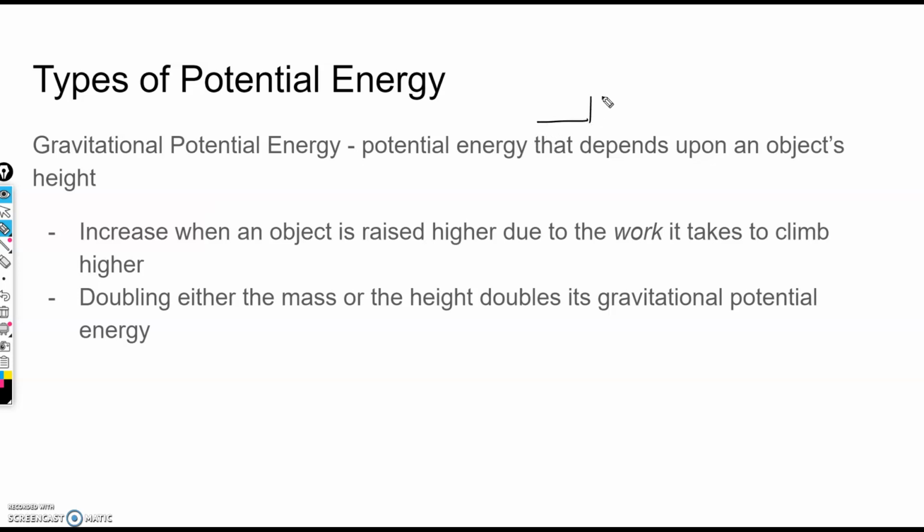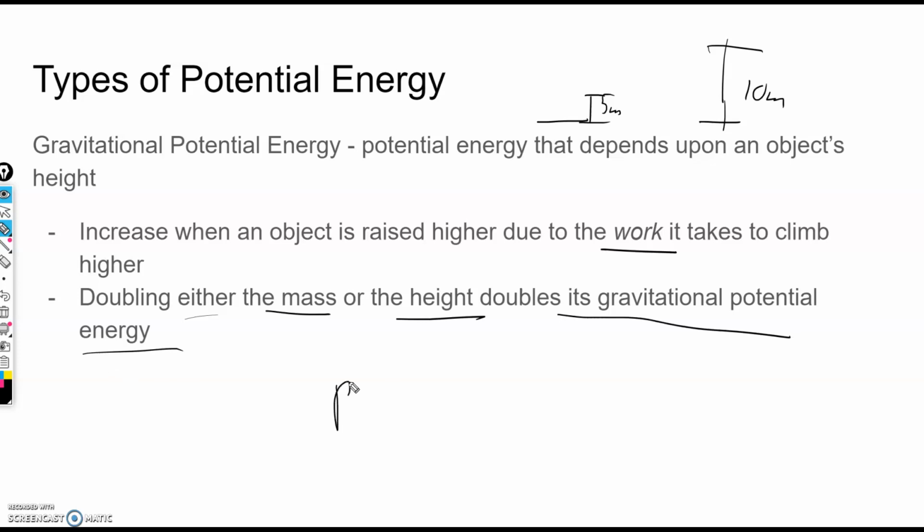So if you were, let's say, 5 meters up compared to 10 meters up, that's dependent upon the object's height. So when an object is raised higher, it's due to the work it takes to climb higher. When we talked about work, it's due to height and distance, so the higher you go, the more work you do, okay? And when you double the mass or the height, it doubles its gravitational potential energy, okay?